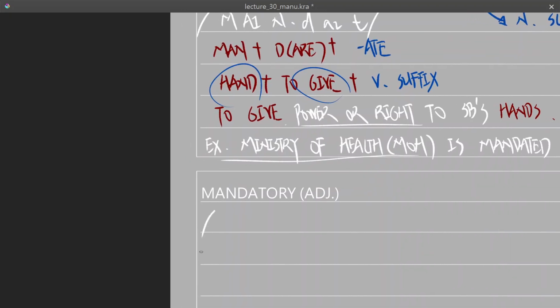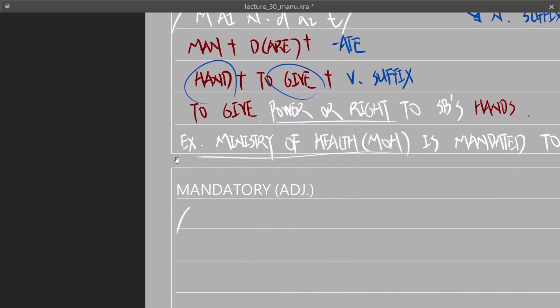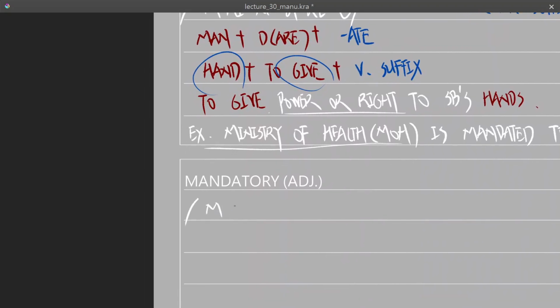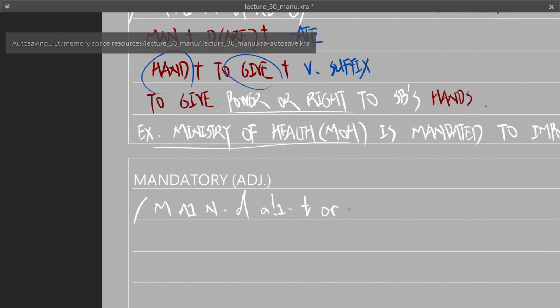Right, next we have mandatory. Mandatory. The fourth sound of E-I-E.